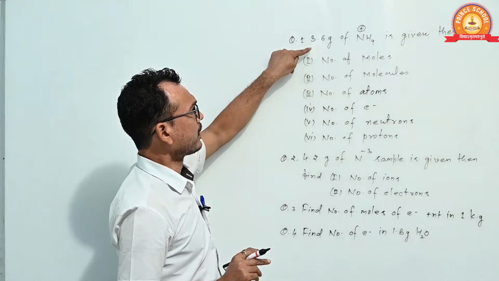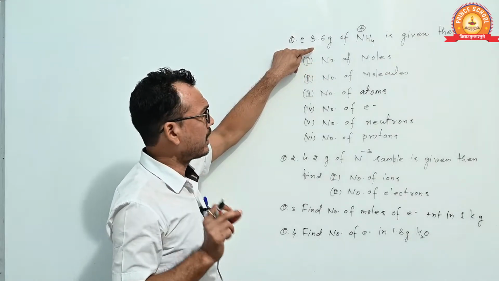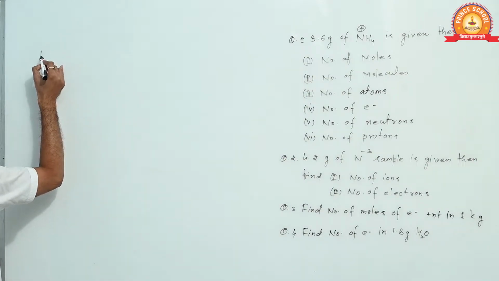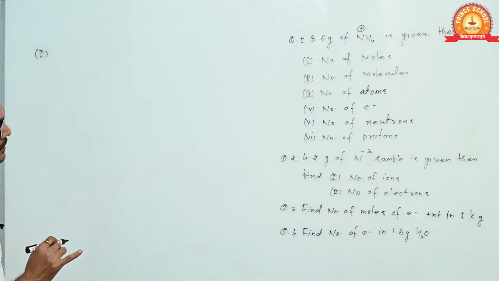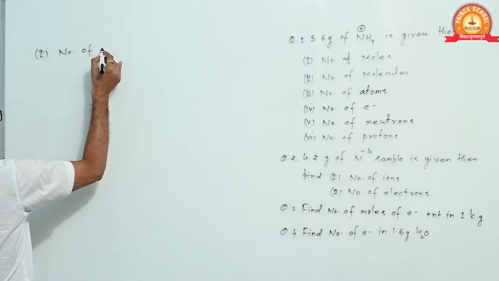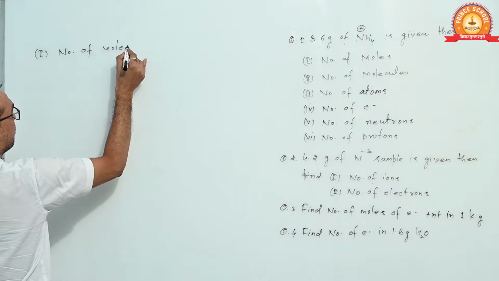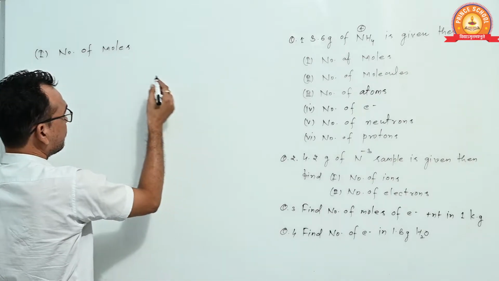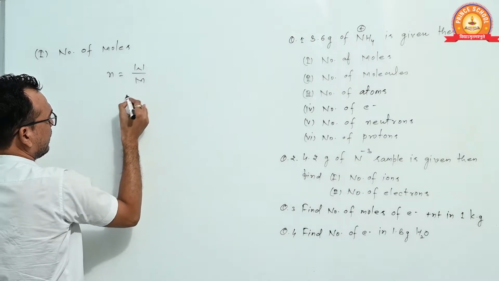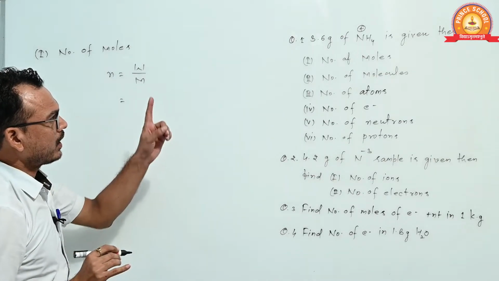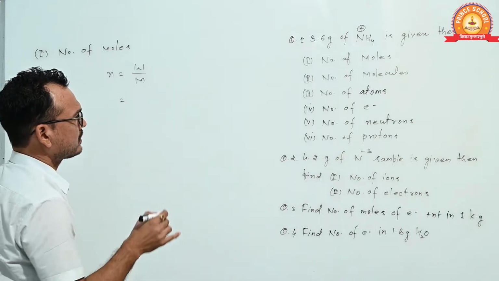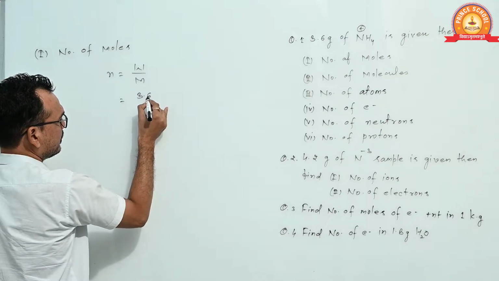In this question the mass in gram is given, so we know that for our first solution, number of moles, if mass is given, then we apply n is equal to W by molar mass. Clear? The amount in gram, or the mass in gram, is 3.6.